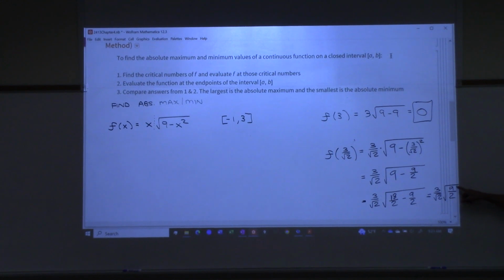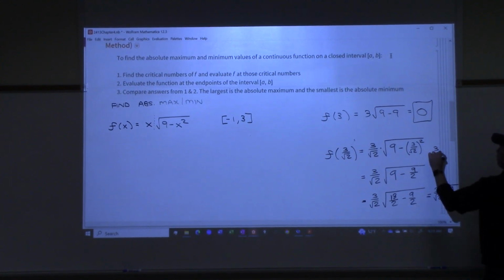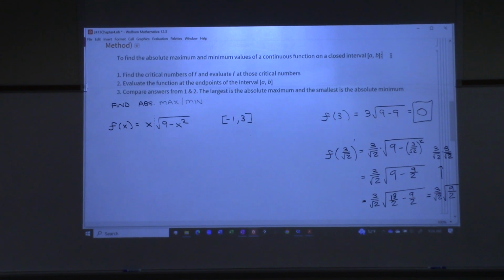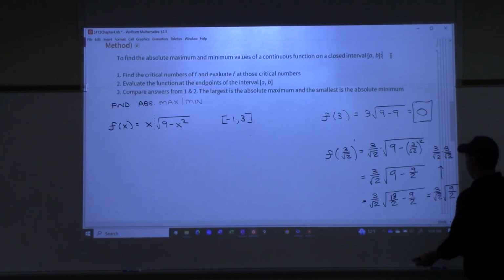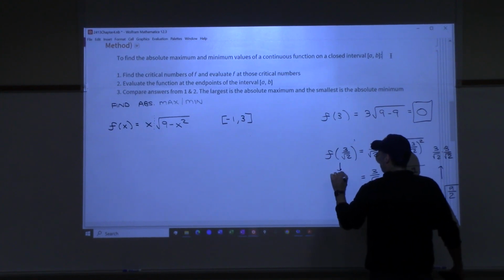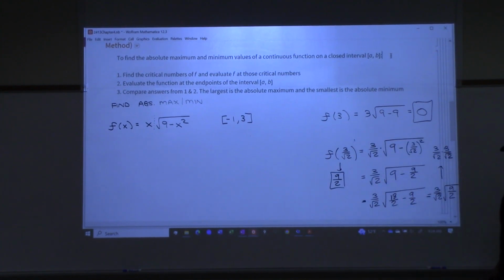This is 3 over root 2 again, isn't it? So I have 3 over root 2 times 3 over root 2, and then multiply across, and you should get 9 over 2. 9, root 2 times root 2 is 2. So 9 halves. I'm just going to put that answer here. This is 9 over 2, which is 4.5.